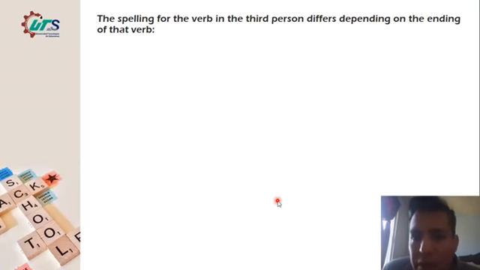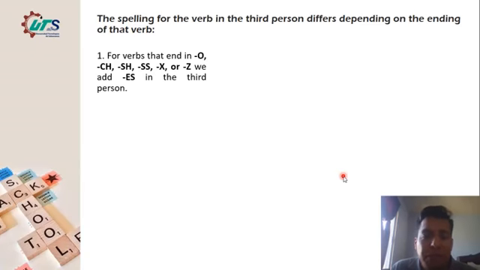The spelling of the verb in the third person differs depending on the ending of that verb. We have three rules to change the verbs for the third person. The third person singular is he, she, it. That rule only applies when you are talking about the third person singular. We have the first rule for verbs that end in o, ch, sh, ss, x, or z.